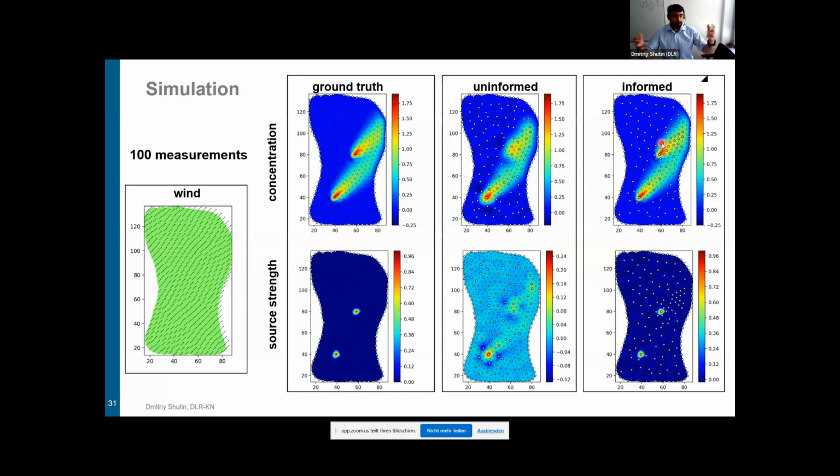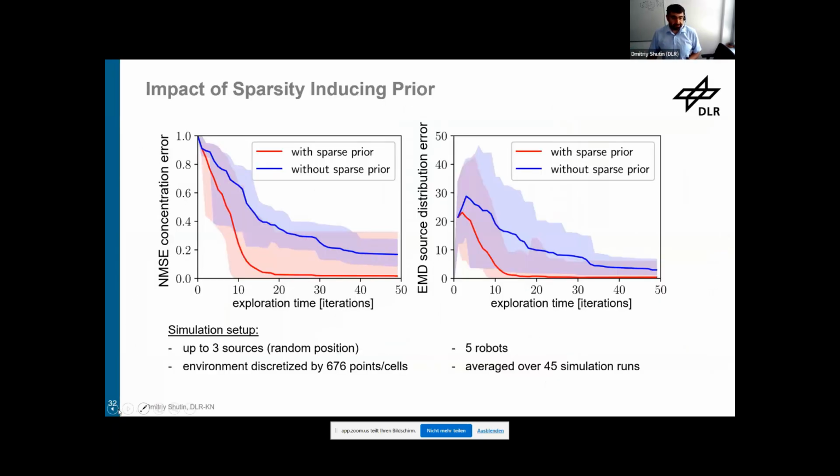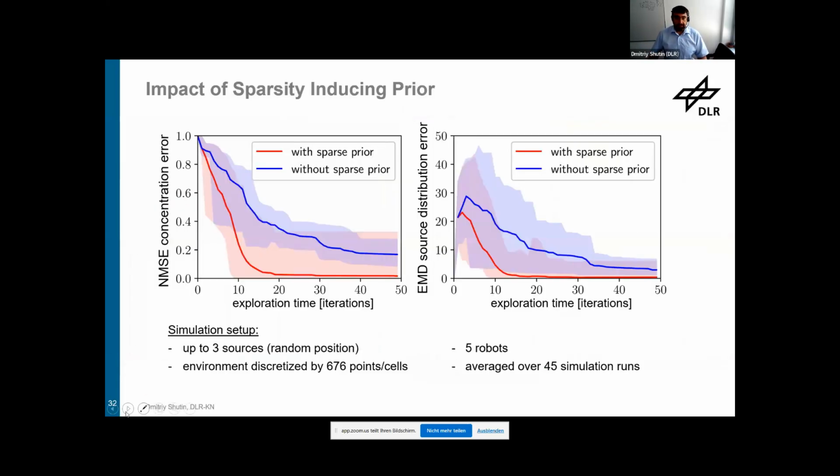And what it does now is explore further, and only slowly do you see correct estimates appearing. Basically you catch up almost after 250 measurements. So it's a factor of effectively 5 that you save if you do this information-driven approach.